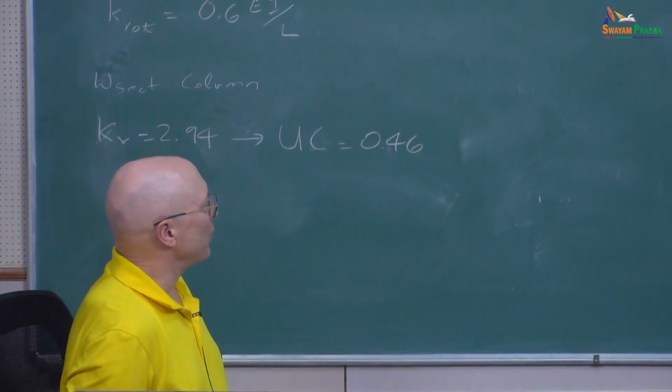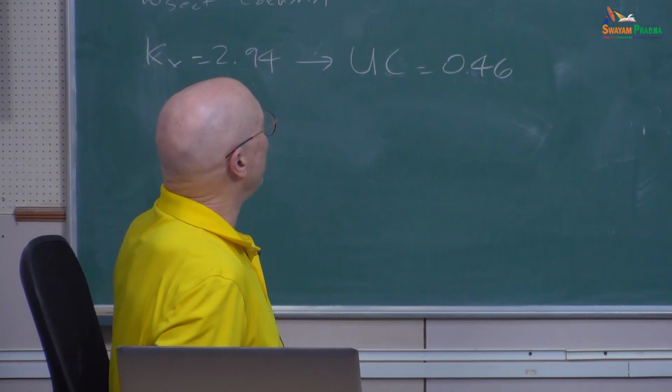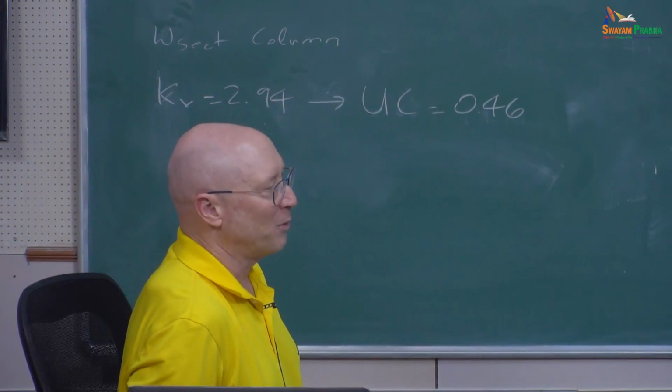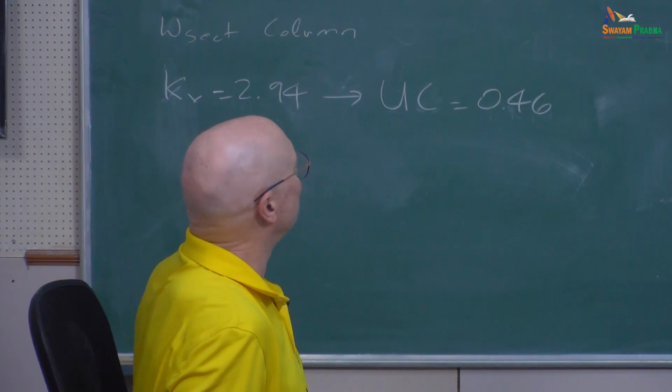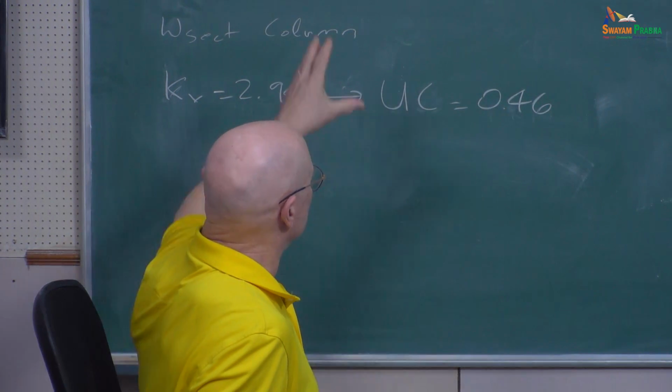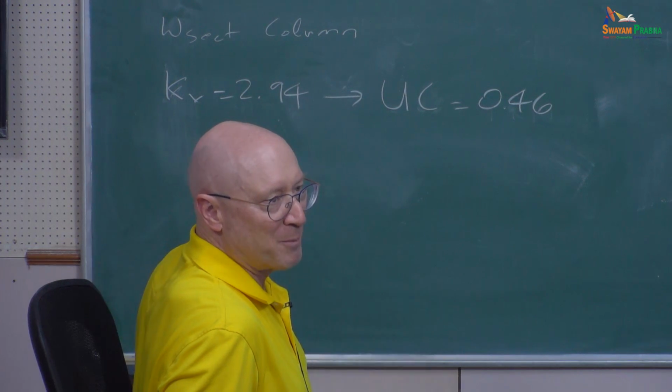So at this point, if you're willing to buy that, this is a reasonable elastic estimate. If you really dig into studying base restraint, you find at low load levels this is a very conservative, very low number.